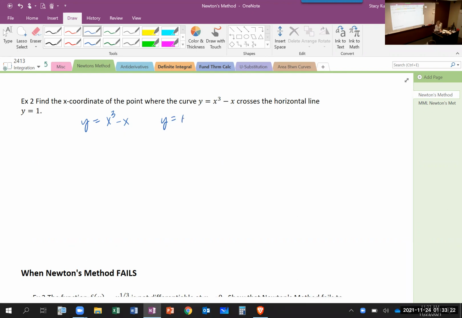So to use Newton's method, we need to set these 2 equations equal to each other. All right, so the function becomes x cubed minus x, which was equal to 1, or x cubed minus x minus 1, which is now equal to 0. That becomes the function that we want to look at.